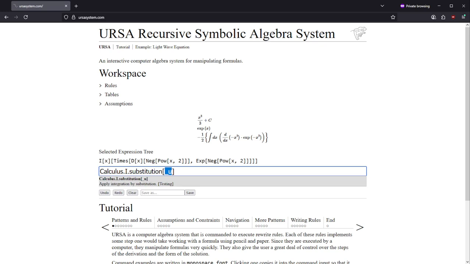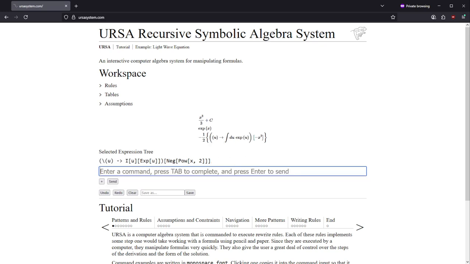So I'm going to invoke the substitution rule, and I'm going to use a variable called u. So when I invoke this rule, we get this. And this is the integral with minus x squared substituted out for u by the substitution rule. Often in math, when you're using substitution, you will introduce your variable, you'll solve the integral, and then you plug the original value back in for that variable.